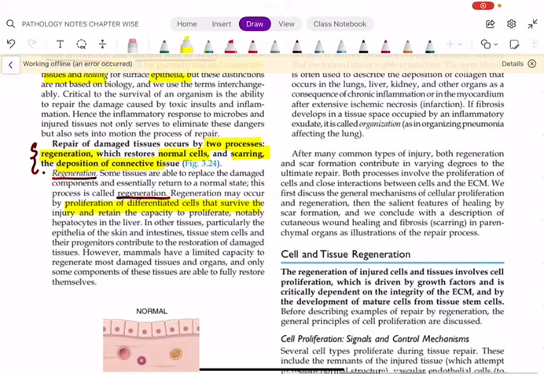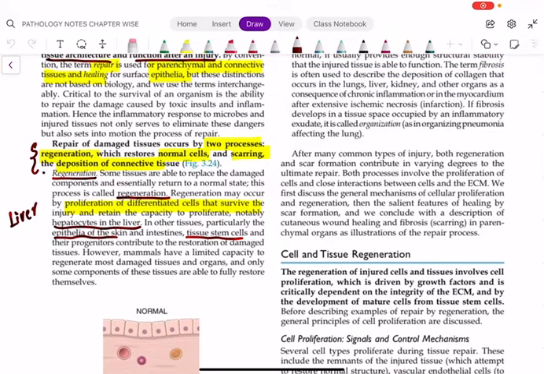The best and classical example of regeneration is liver regeneration. And in our body, epithelium, tissue stem cells, all have this inborn property that is able to regenerate. As a result of this, they will be able to restore the damaged cells.